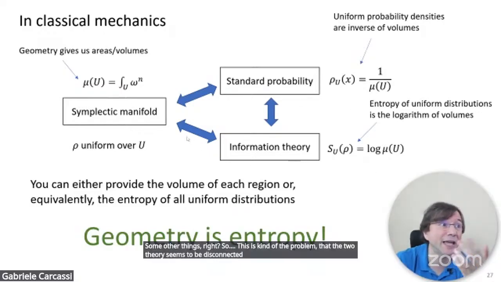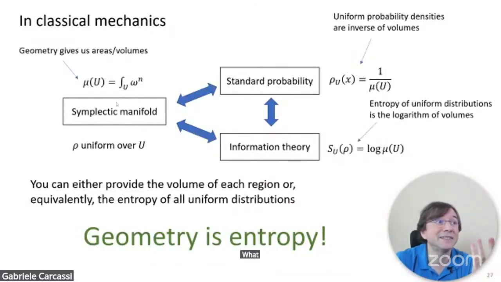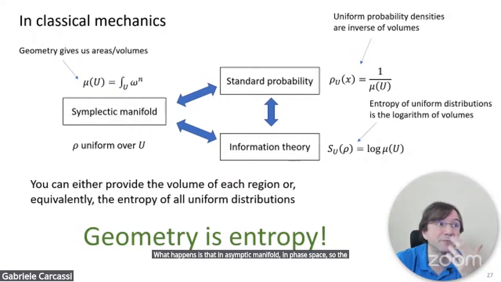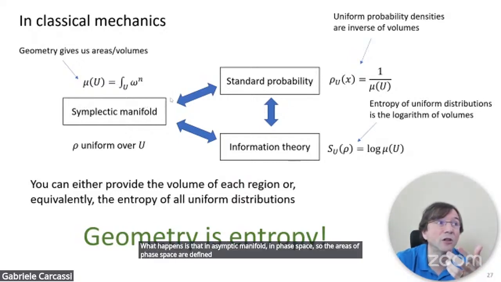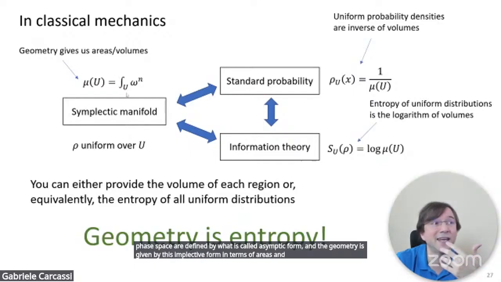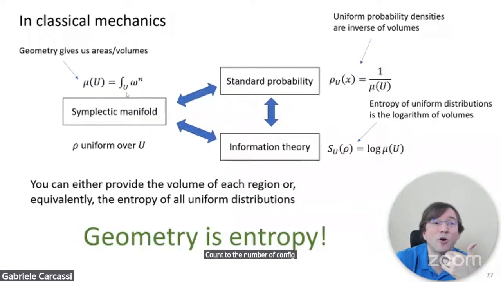Instead, they're joined at the hip. In a symplectic manifold in phase space, the areas of phase space are defined by what is called a symplectic form. The geometry is given by the symplectic form in terms of areas and volumes, and that physically counts the number of configurations and number of states.